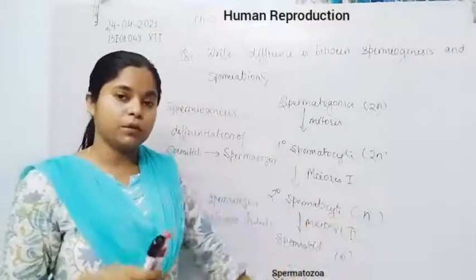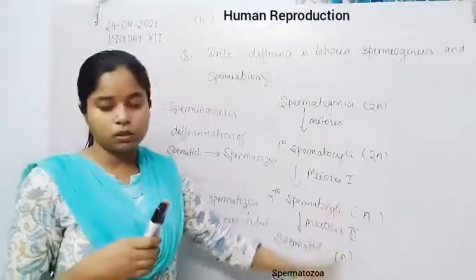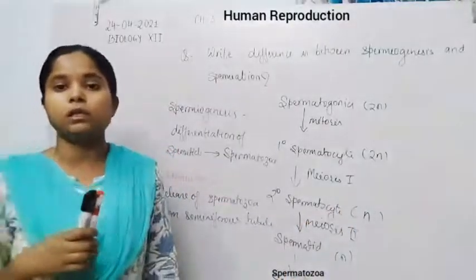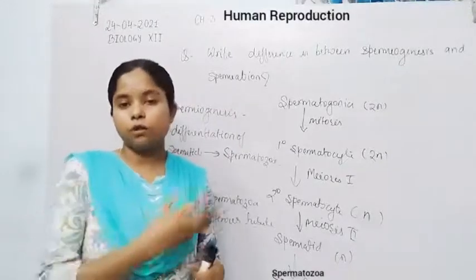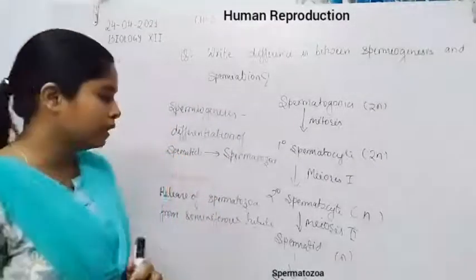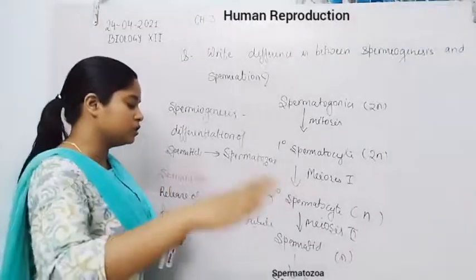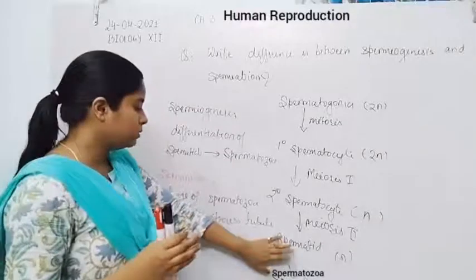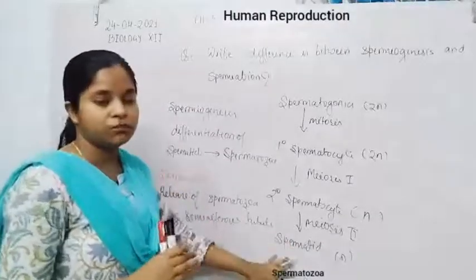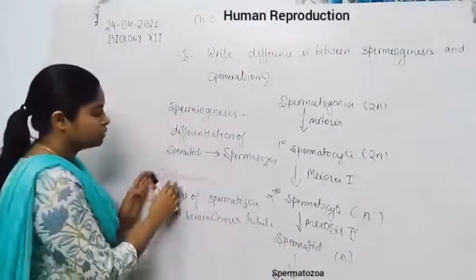The head of the spermatozoa gets embedded in the Sertoli cell so that they can easily get their nutrients from the Sertoli cell. And when they get fully matured, they finally release from the Sertoli cell and from the seminiferous tubule. That process is known as spermiation.